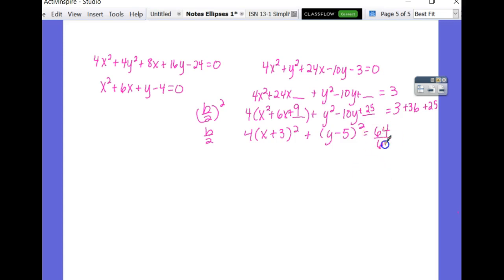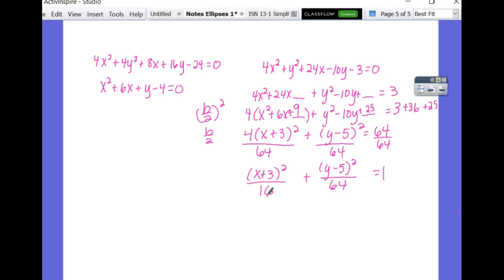So I'm going to divide by 64. This has to be 1. So I'm going to get 1 equals, so this I have. Because 4 into 64 is 16. Okay, so this is what I have.